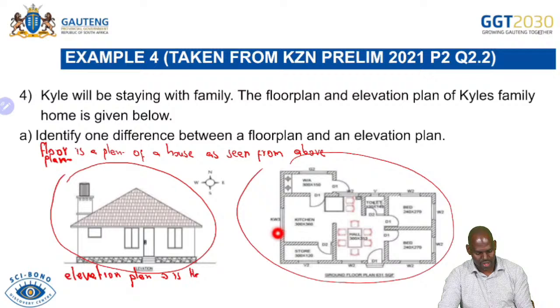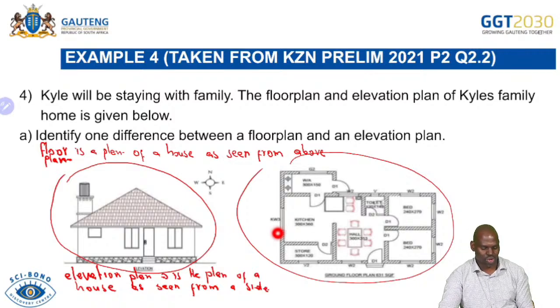So like this one, you can see, is the plan of the house as you see it from the side, and this one is as you see it from above. So that will be the possible answer for number 4A.